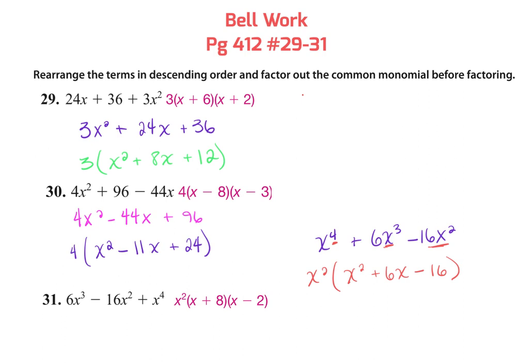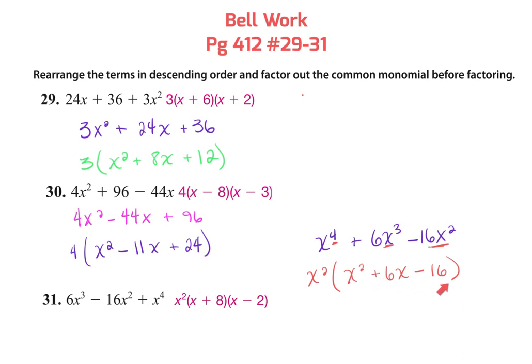Now I'm going to look at my last term. Again, I need to multiply to get a negative 16. The only way that's possible is to have 1 positive and 1 negative. So now I'm looking for factors of 16, 1 positive and 1 negative, that add together to give me 6. 8 and 2 multiply to give me 16. If I have a negative 8 and a positive 2, that would be a negative 6.